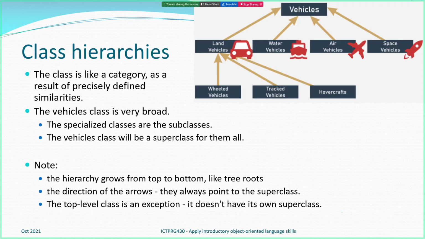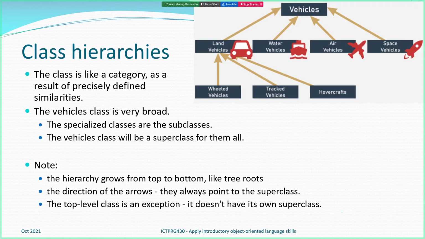So what we want to do is set up a series of groupings. These are categories, and they go from a very generic class to a specific subclass. In the example here we have vehicles, which are separated between land, water, air and space.